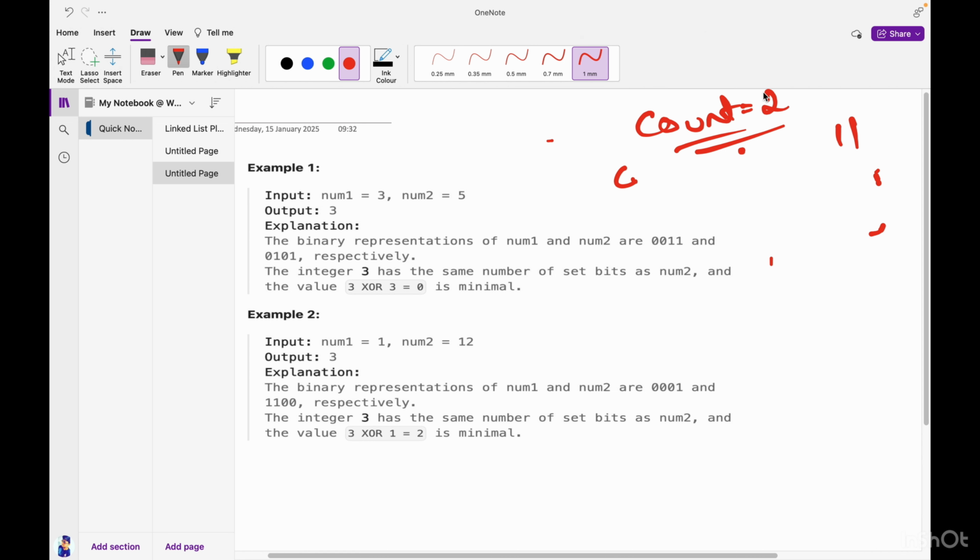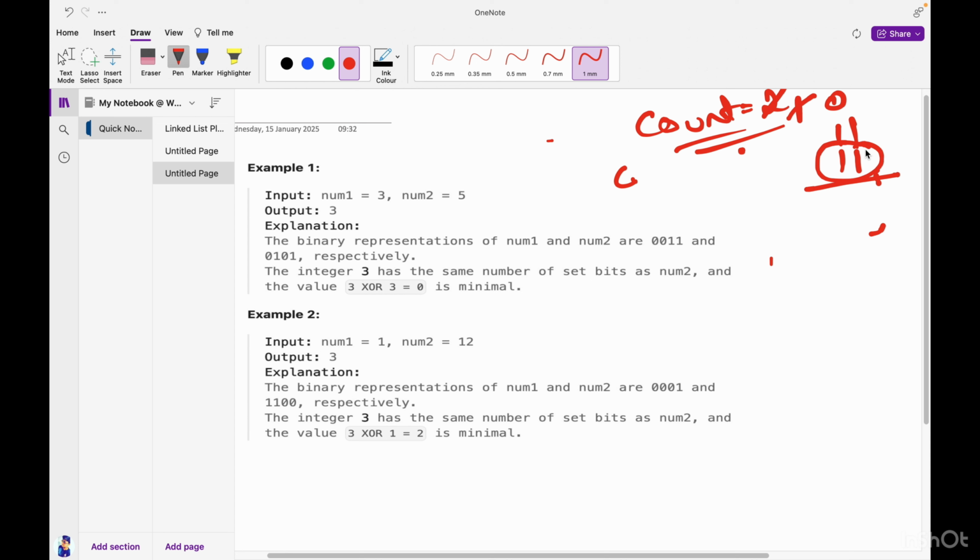If count is not equal to 0, we will unset the MSB present here. So this will be the number. Okay, now count is reduced to 1. Now we will unset the next MSB. Now count equals 0. We don't have to change any number.